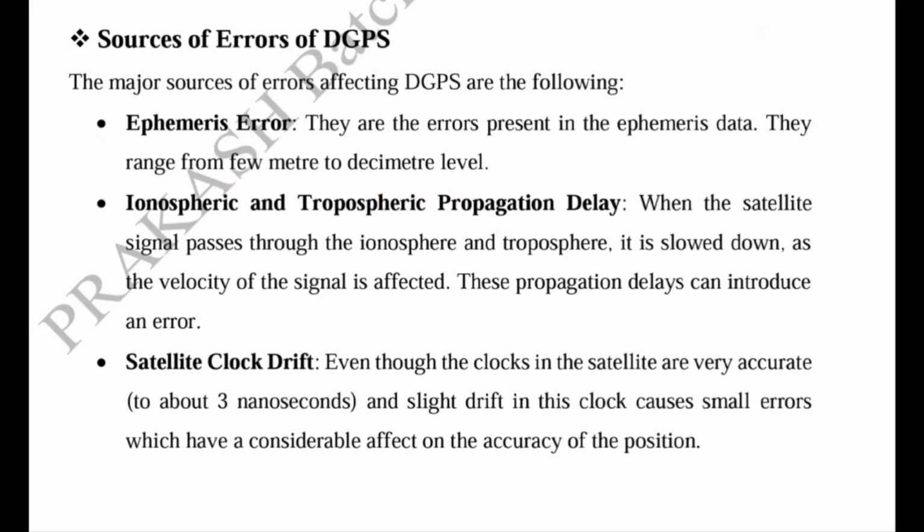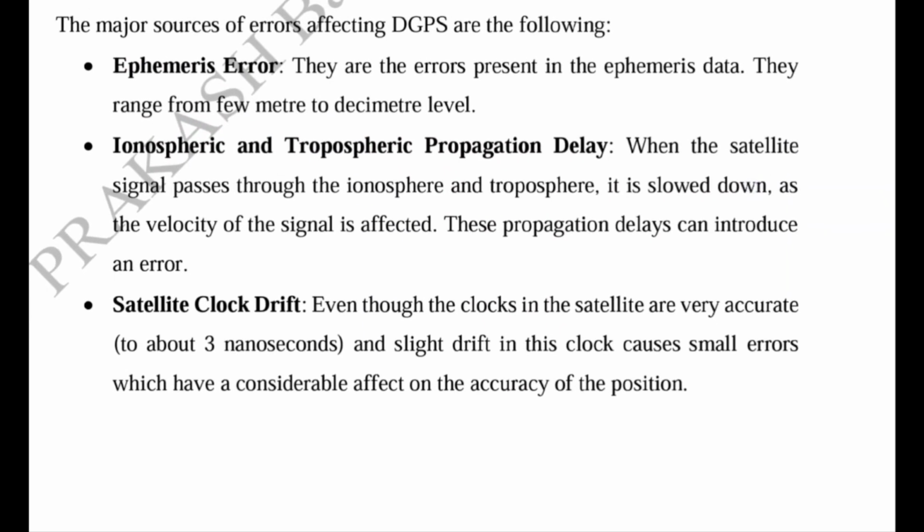So first one is the ephemeris error, second one is the ionospheric and tropospheric propagation delay. These terminologies that we are studying in the sources of error are very important for the exam. So here we are taking the overview, meaning what these terms mean, but we will cover this topic in brief also.